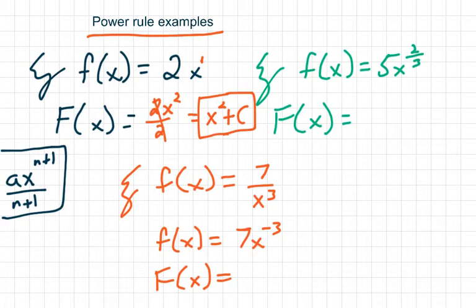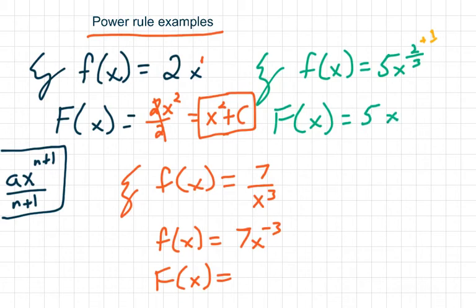Okay, so let's go to the next one here in the green. We got f of x equals 5x to the 2/3. You'll notice I'm using that other notation still. I'll switch that up fairly quickly. Anyways, again, it's just a pretty standard one. We're going to add 1 to this exponent. So that's 3 over 3.